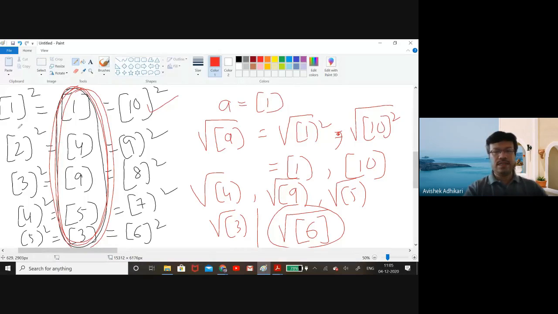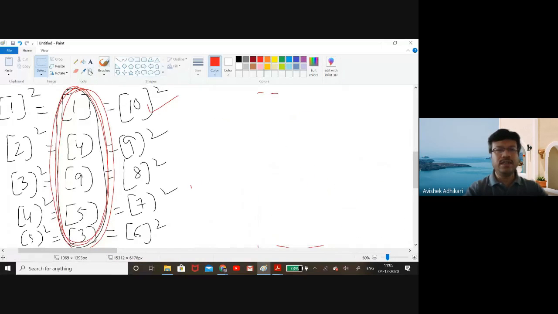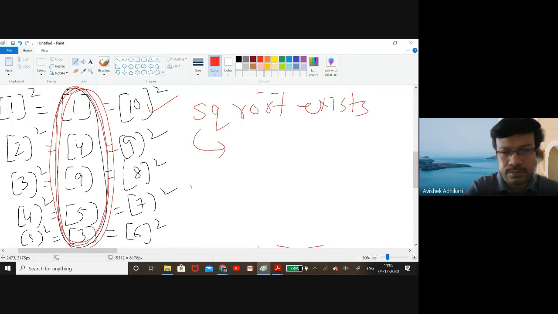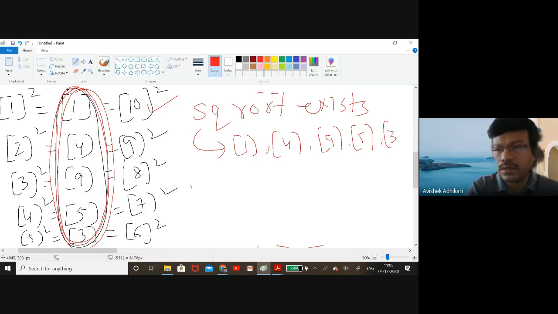If I write it in this way, there will be a simple list, and you can find that in that list everything is exhausted. The square root exists for class 1, class 4, class 9, class 5, and class 3.